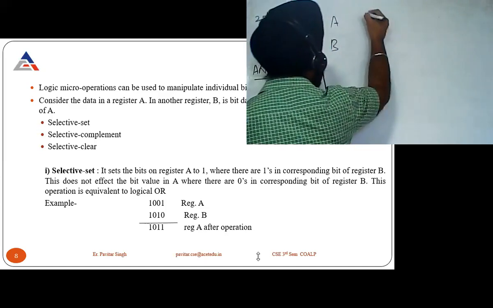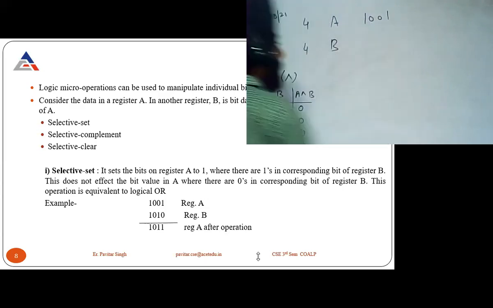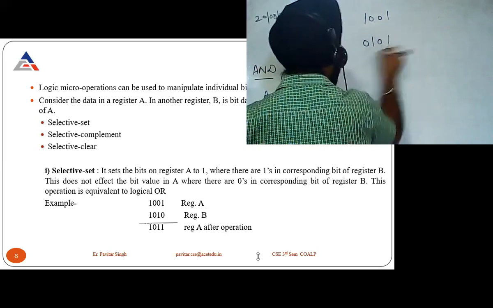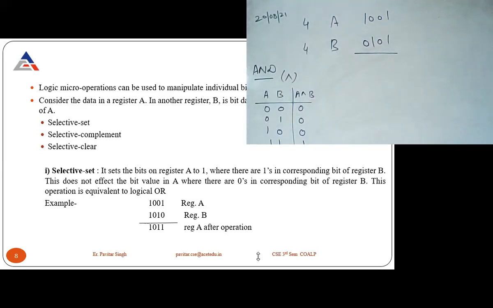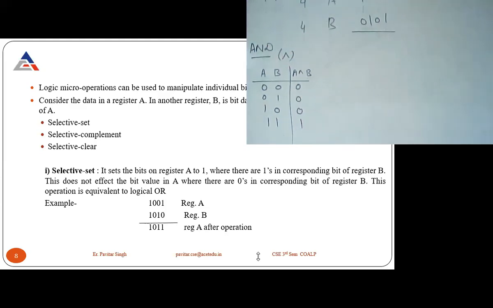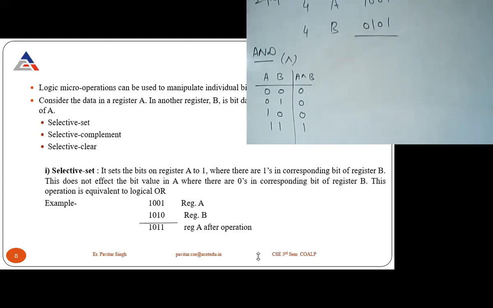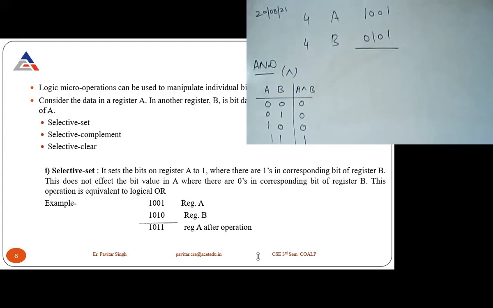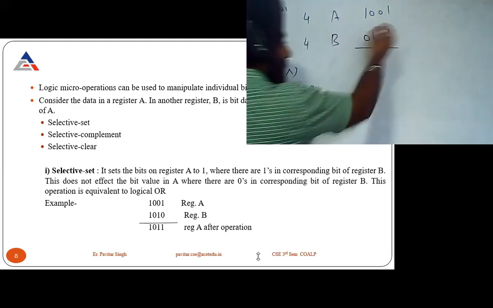First of all, let's take 1001. This is the value for the A register, and for B we have 0101. Now you are going to perform the AND logic micro operation. You just need to check from your table. Here 1 1 is 1, so here you will get 1.